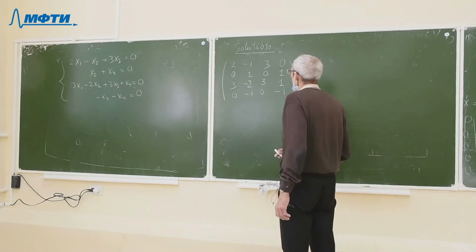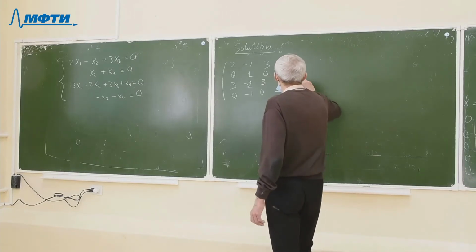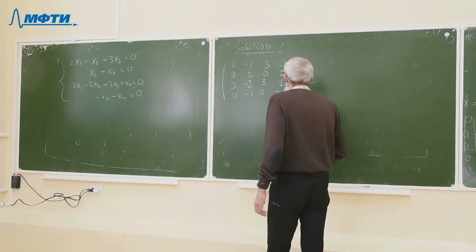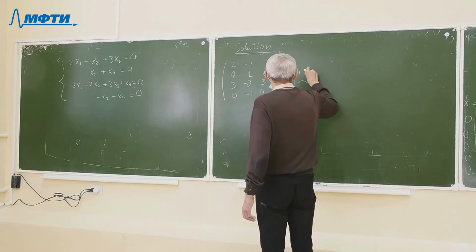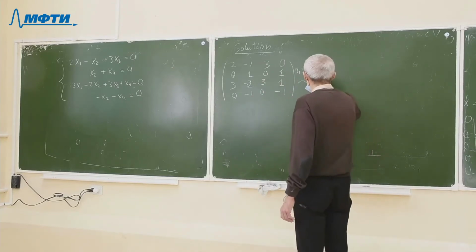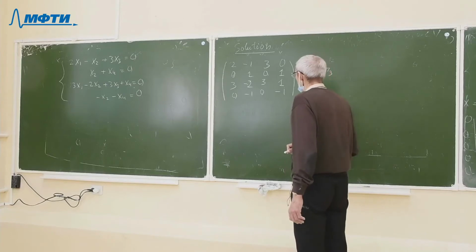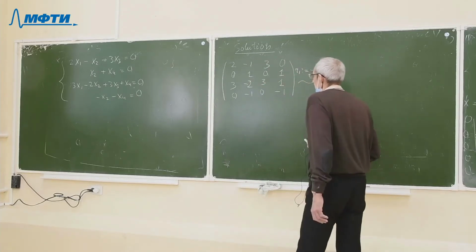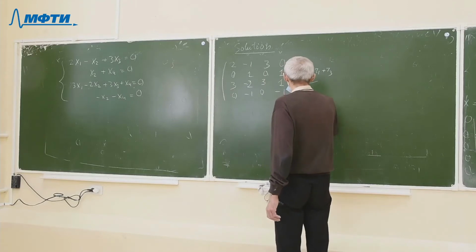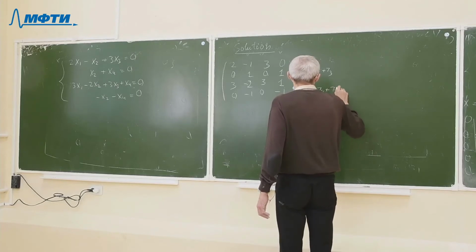Let's simplify. Let's rewrite the first row as the sum minus R1 plus R3, and we can also add to the last row the second row: R4 is equal to R4 plus R2.